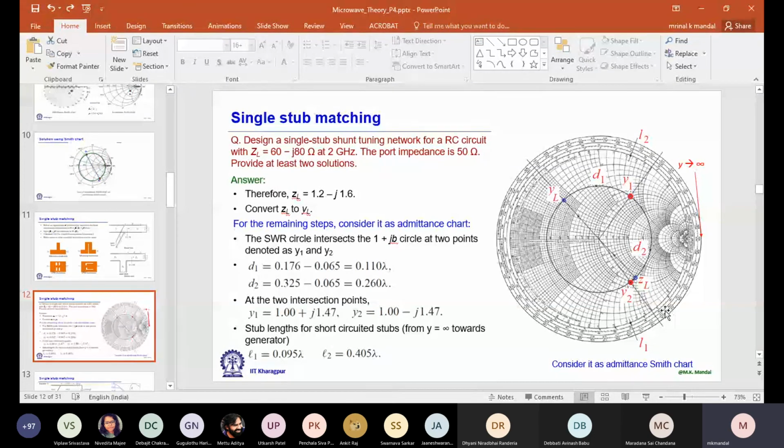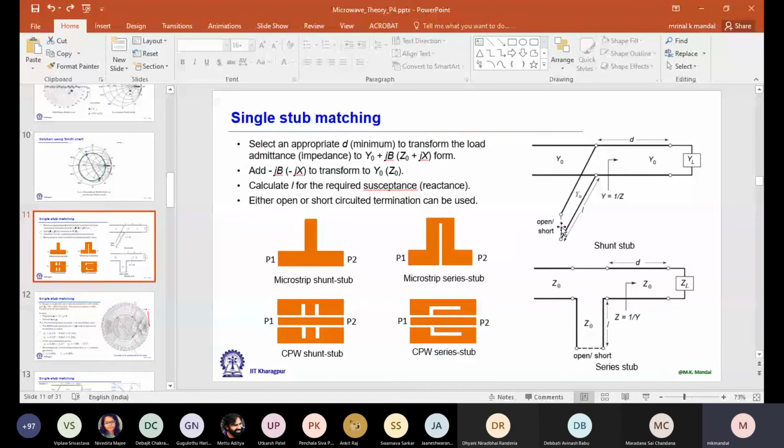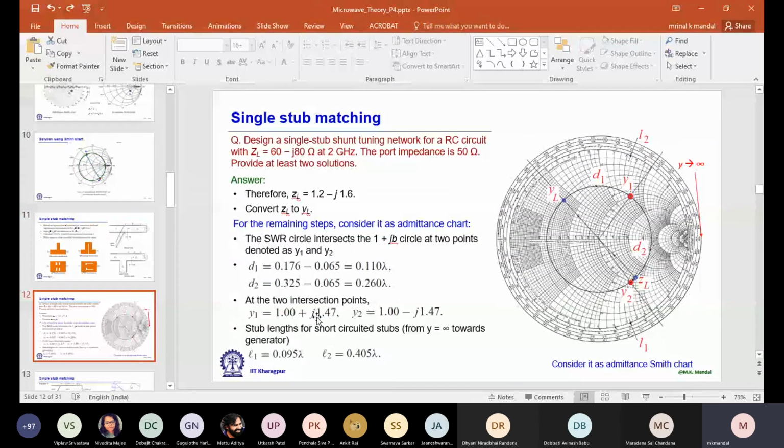If I now take a short circuited stub, then we need to calculate the length L of this stub. We are considering the same characteristic impedance. For a short circuited stub, for the first case it should provide minus j 1.47, and for the second case the stub should provide plus j into 1.47.